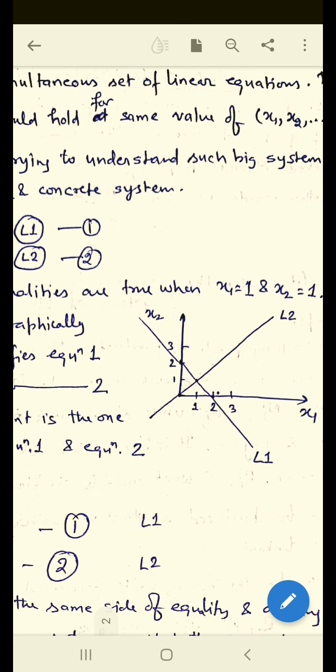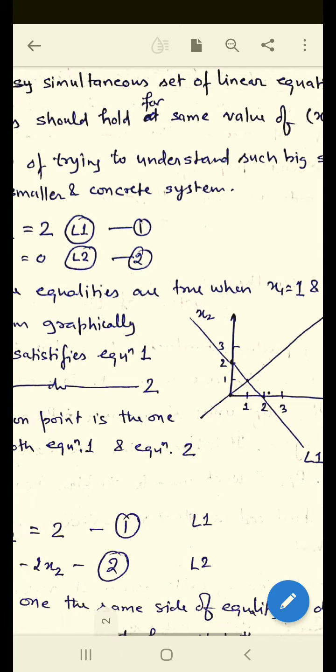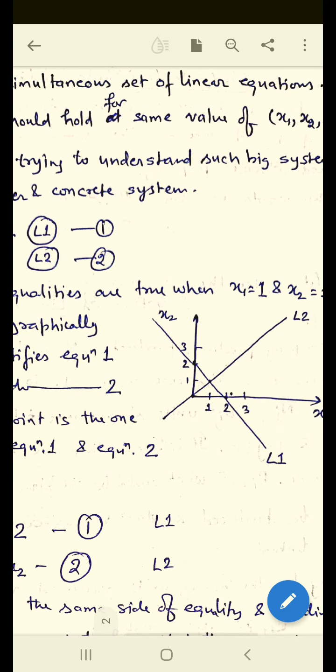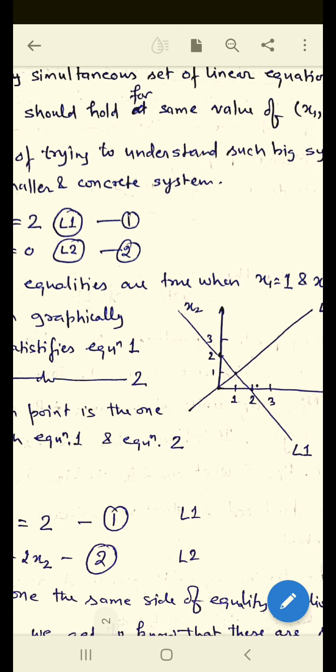Therefore, it is quite easy to understand that the intersection point is the one which satisfies both L1 as well as L2, and we are interested in that particular point, right?